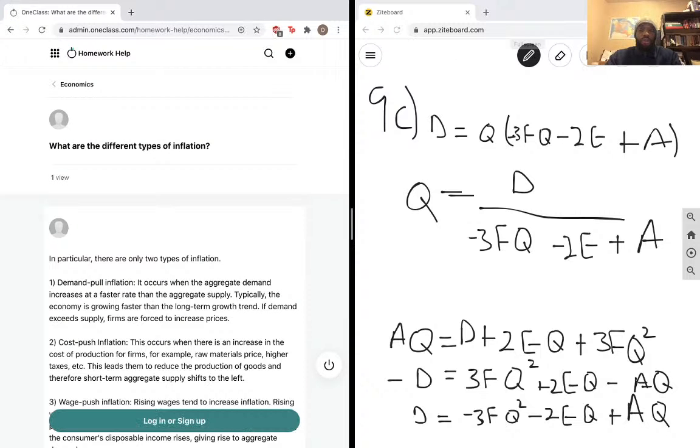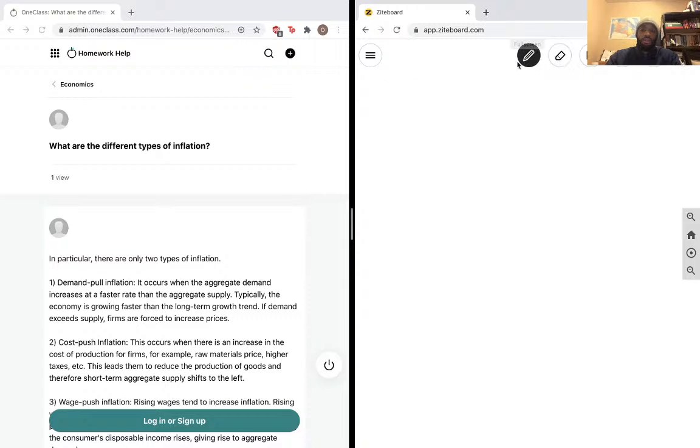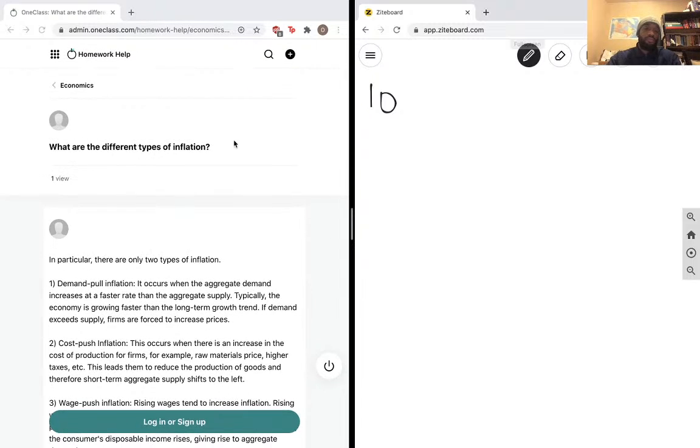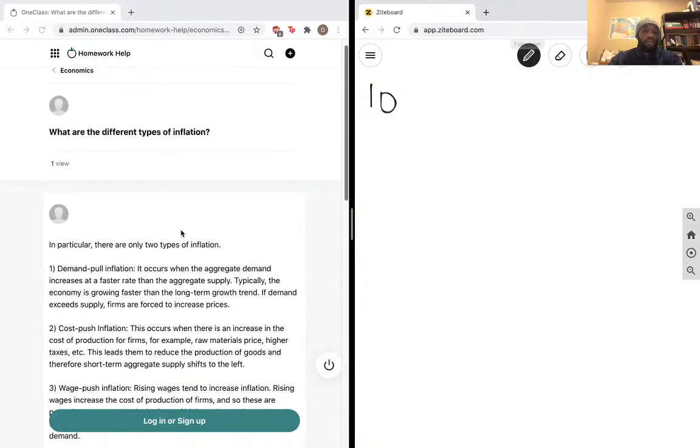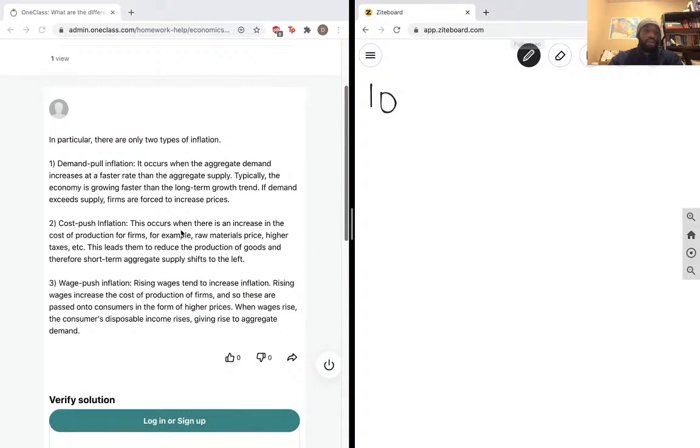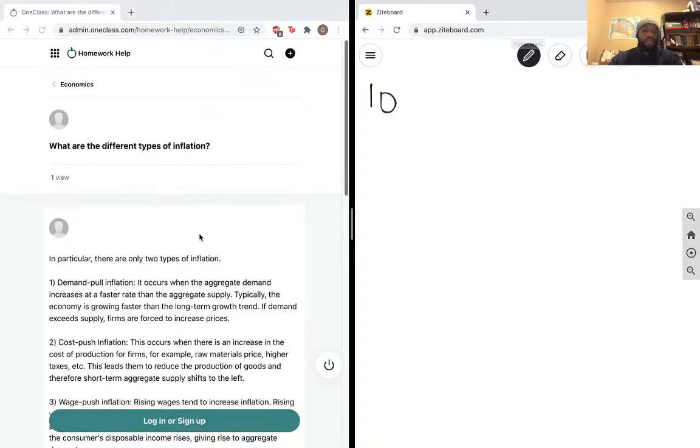And with that being said, we're on to our final question, which is question 10. What are the different types of inflation? In particular, there are only two types of inflation, so this is basically a definition-based question.